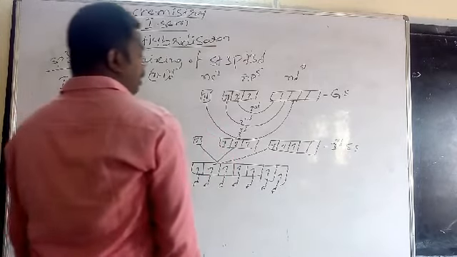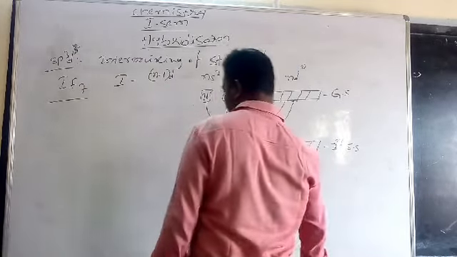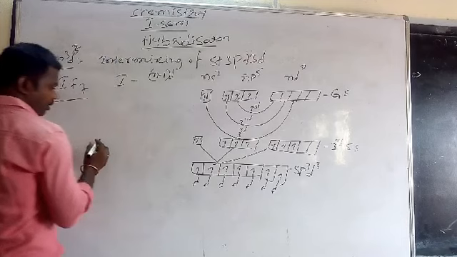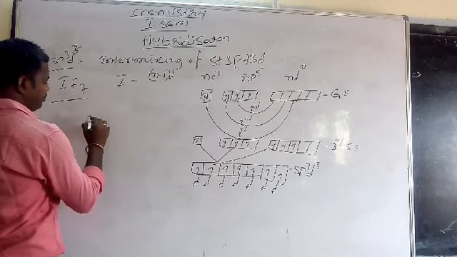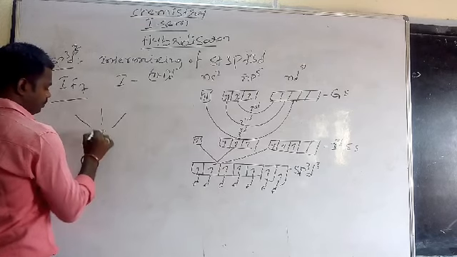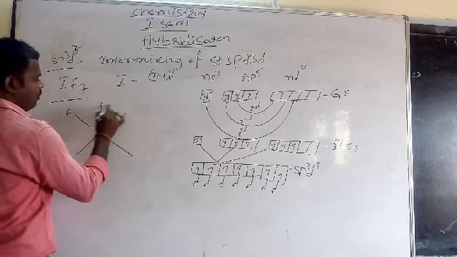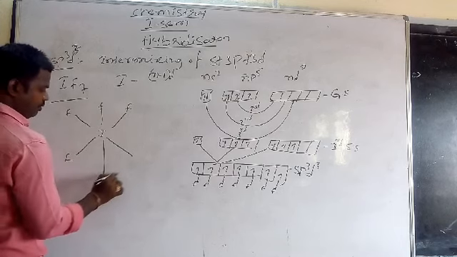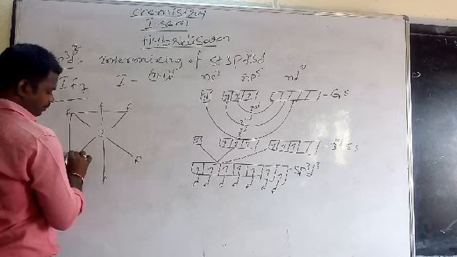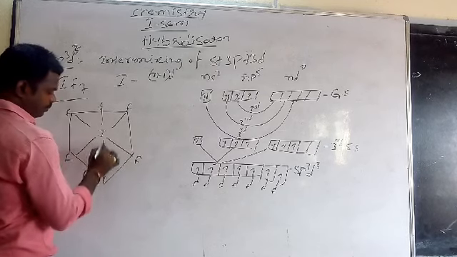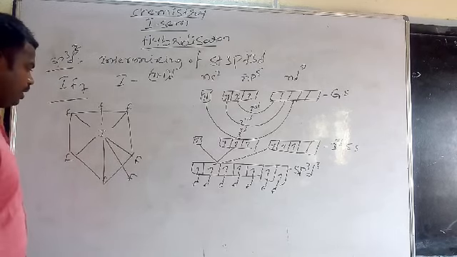This is sp3d3 hybridization. The structure of this molecule: iodine and fluorine. This is the iodine heptafluoride molecule.